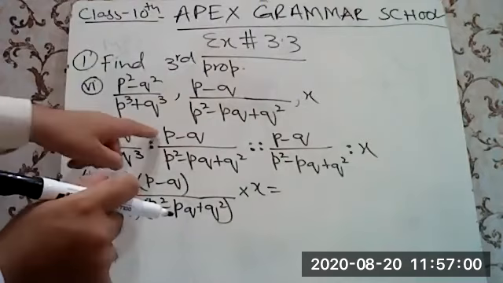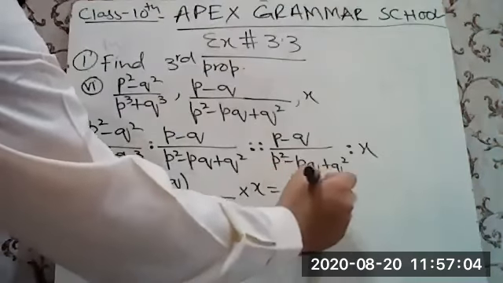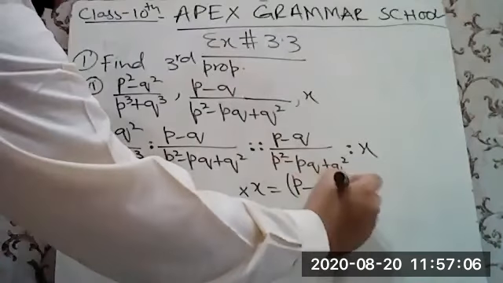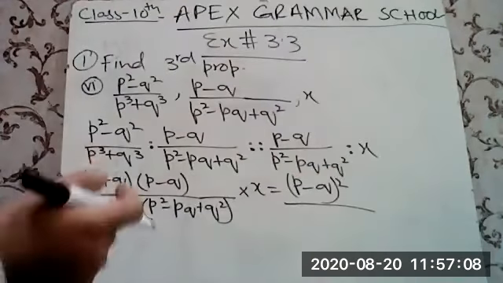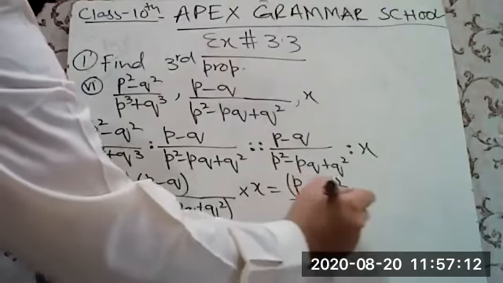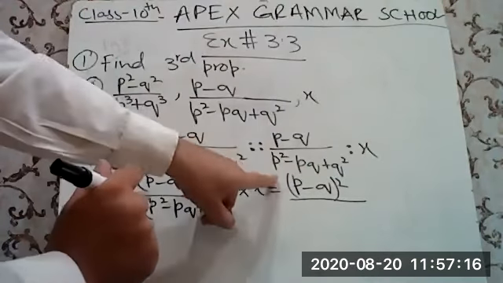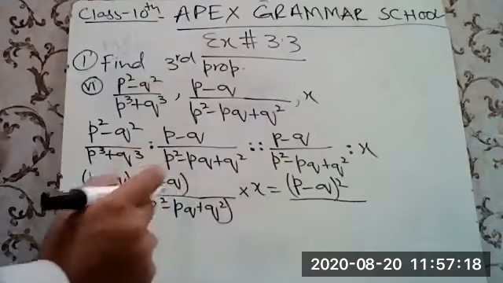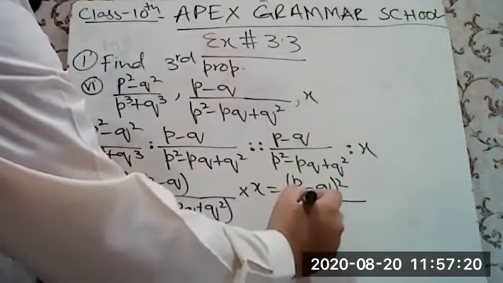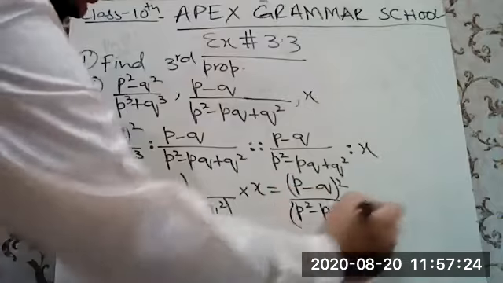We can write it as p minus q multiplied by p minus q. That makes (p minus q) whole square, and also p square minus pq plus q square, and again p square minus pq plus q square. That makes (p square minus pq plus q square) whole square.